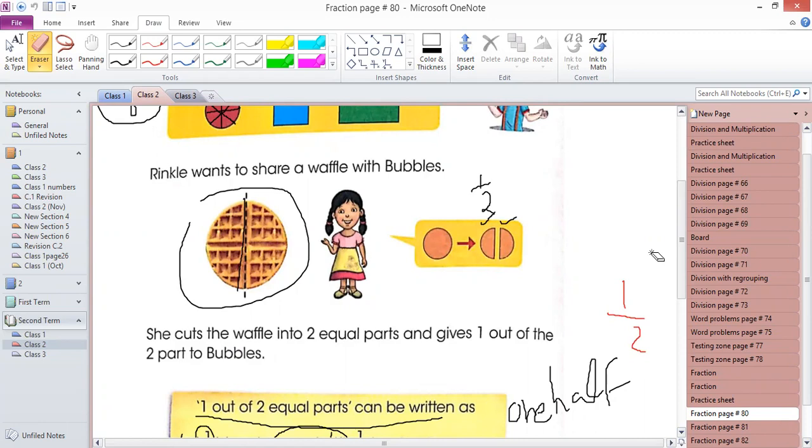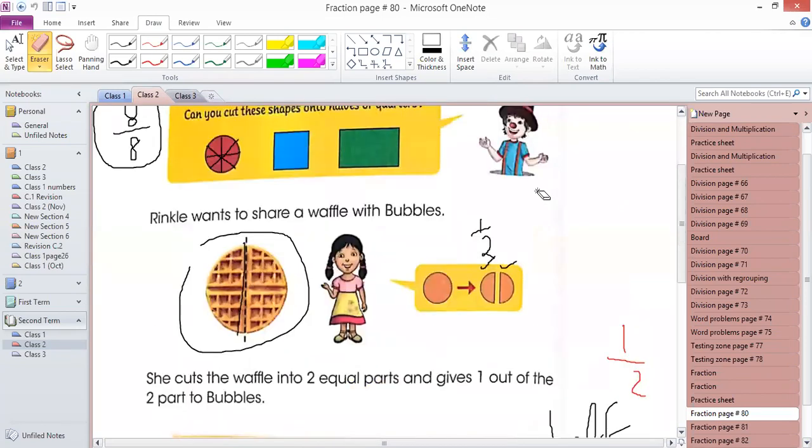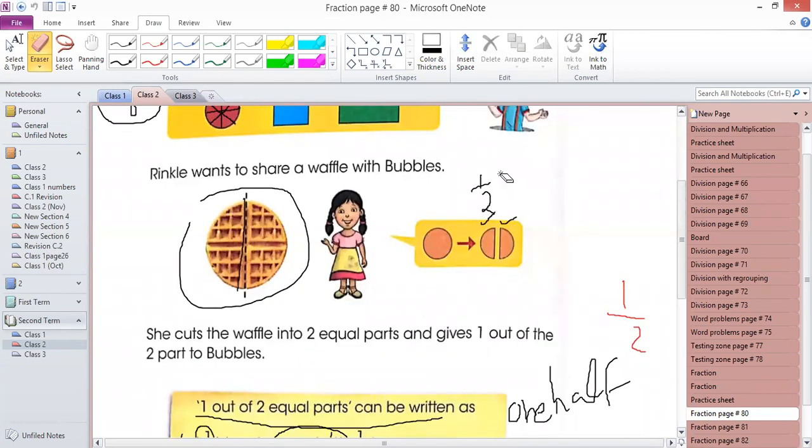If anything is divided into two equal parts, each part we will say is half. Each part is half, 1/2. Because there are two equal parts, the denominator will be 2.